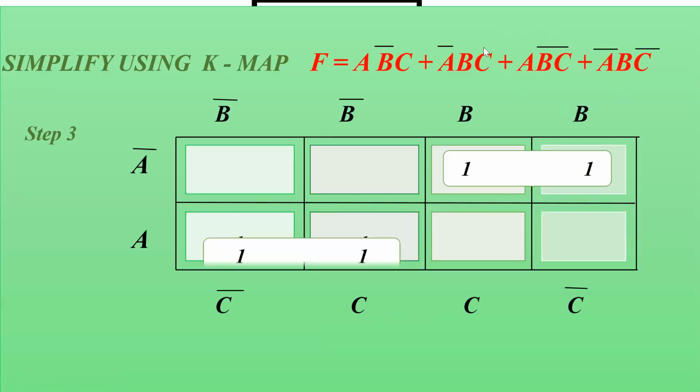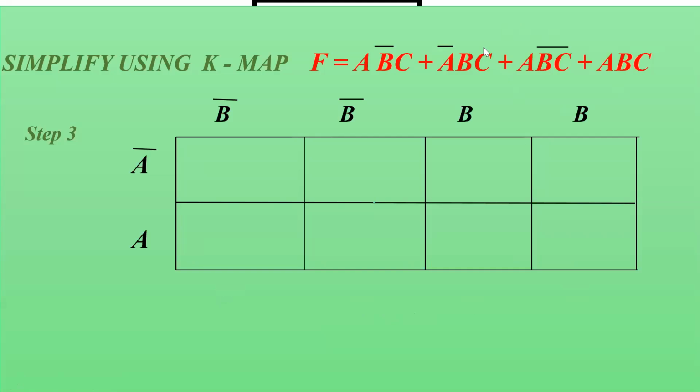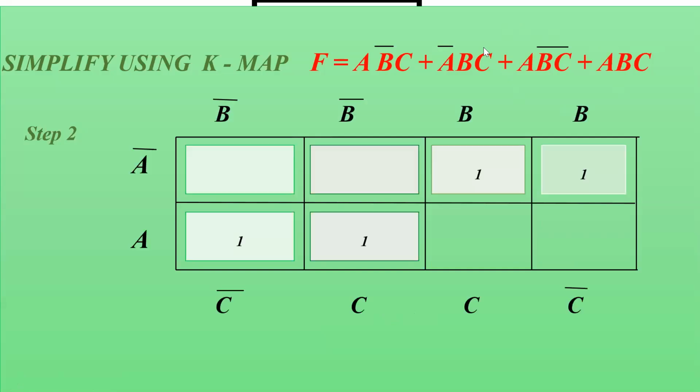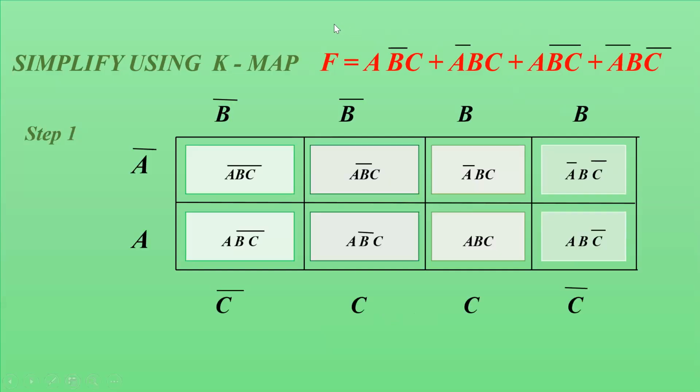These two values make a group, this B, C and B. Clear? BC complement, these two. These two make one group, this one, and these two make another group, right?